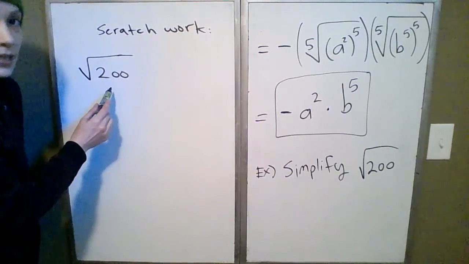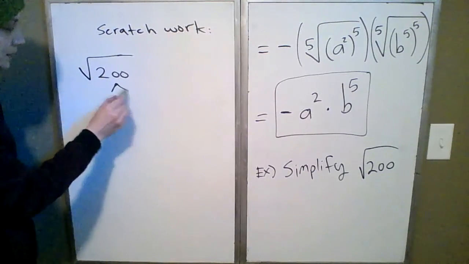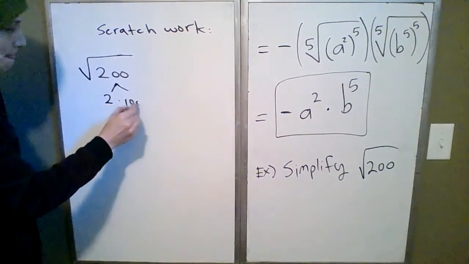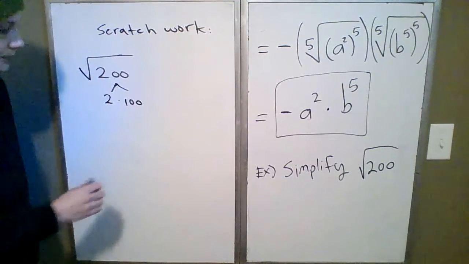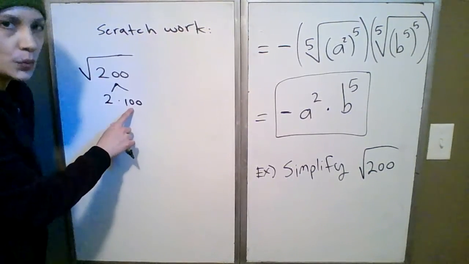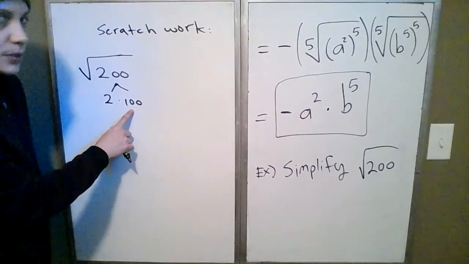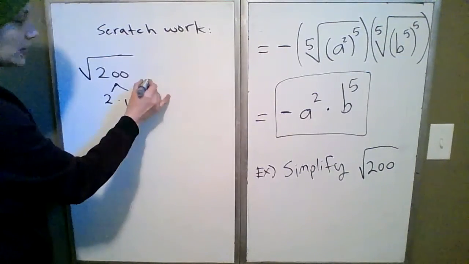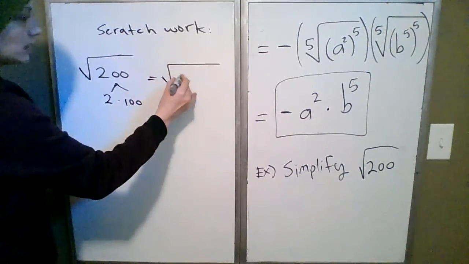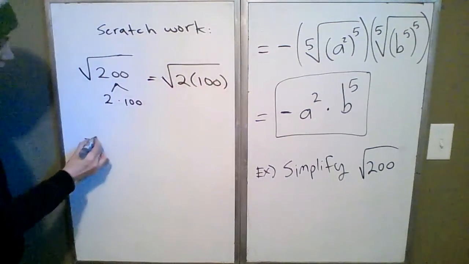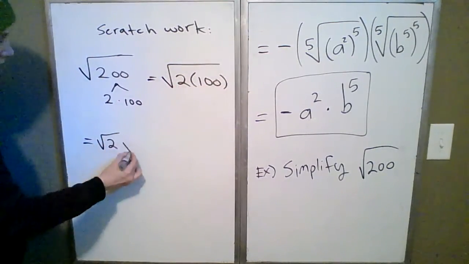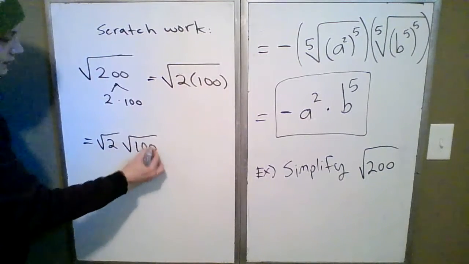So 200 is 2 times 100. And I can write 100 as a number squared. So we're going to just move here to the root of 2 times 100 being root 2 times root of 100.